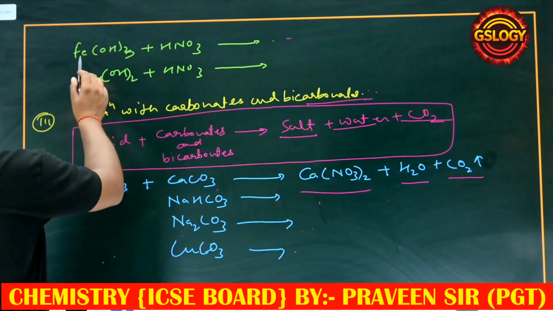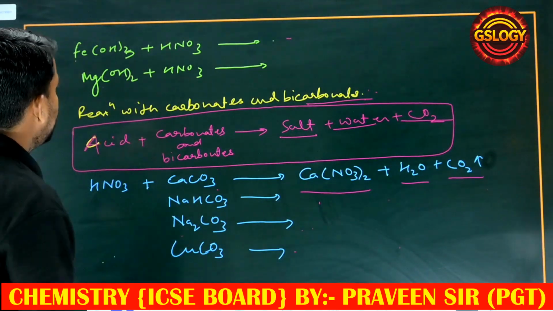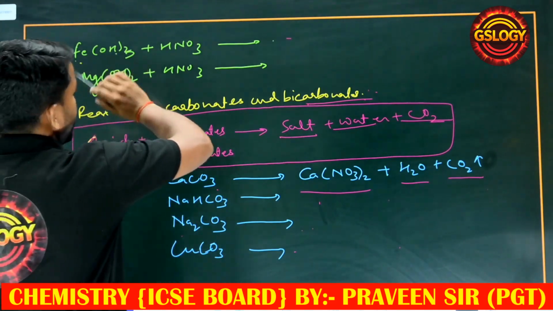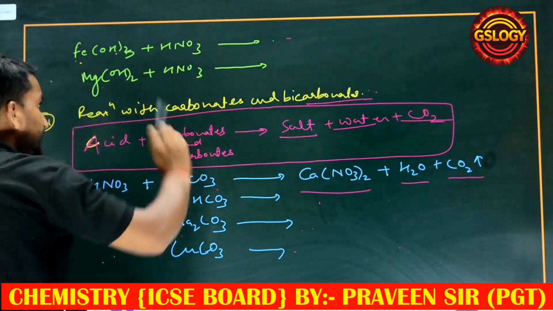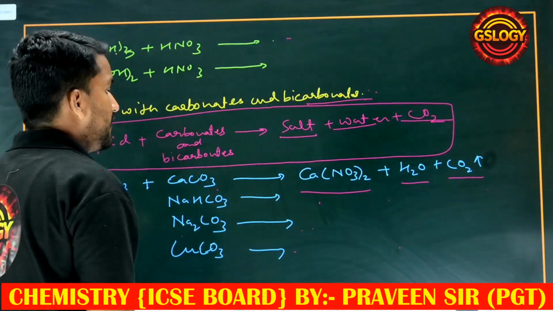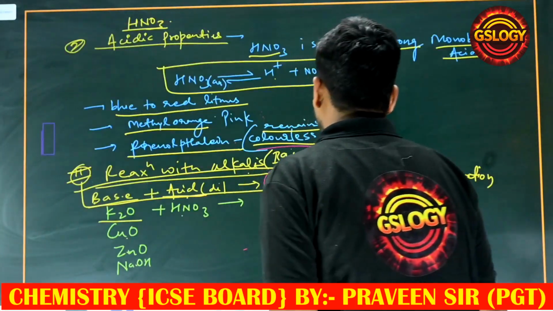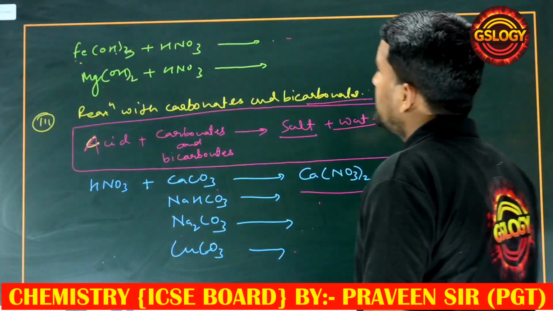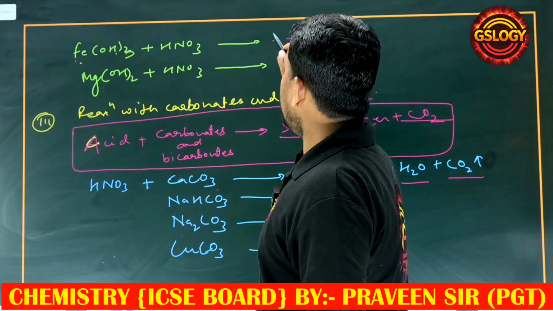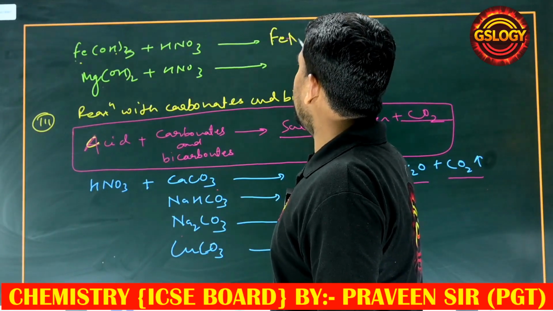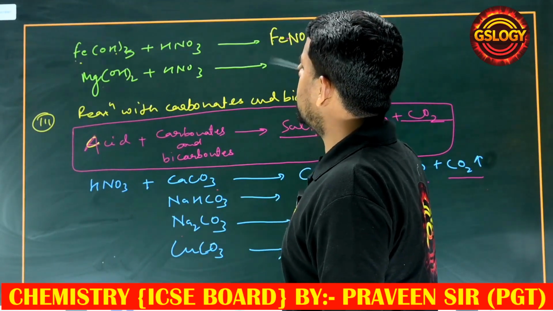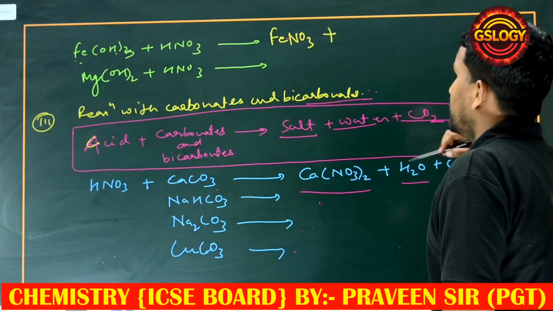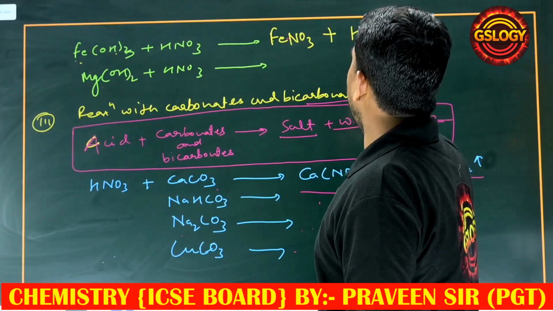For example, iron: ferric hydroxide reacts with nitric acid, then it will form what? Ferric nitrate, Fe(NO3)3, plus water.